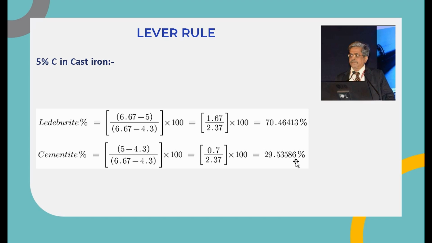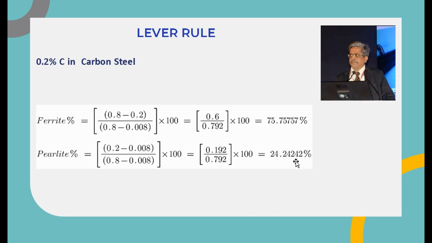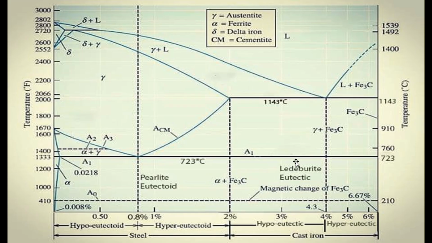So these are a few examples where I have shown you how to apply the lever rule in a binary system. In a binary system, when you fix both the ends, ferrite pearlite or ferrite cementite or pearlite cementite, ledeburite cementite, any two ends you fix, in between these two ends, at any point, you can calculate the weight fraction of either of the two phases.